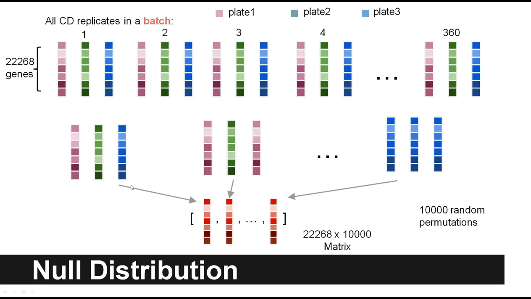We repeat the process in the previous slide using the rank product approach, and get a rank product vector as here. And then we randomly draw another 3 control replicates and compute a rank product vector here. We repeat this process up to 10,000 times, and then here we get a 22,000 by 10,000 matrix.